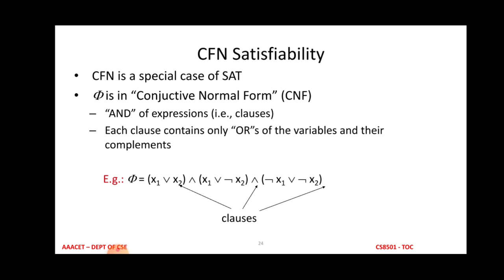So the 3 clauses are connected with the AND operator, and each clause has the OR operator within it: x1 or x2, x1 or not x2, not x1 or not x2.